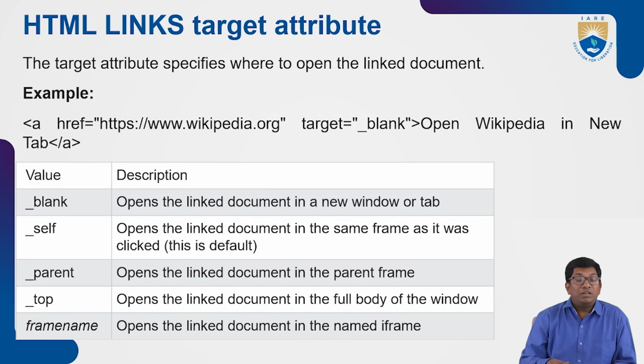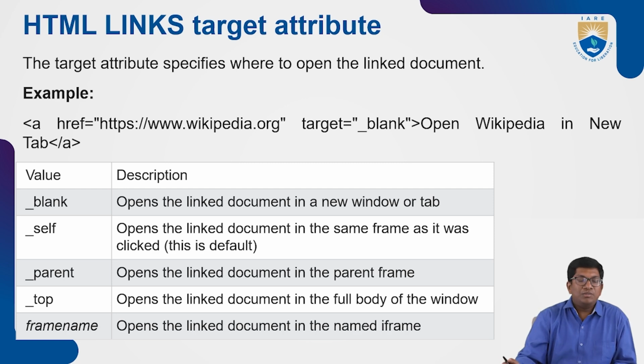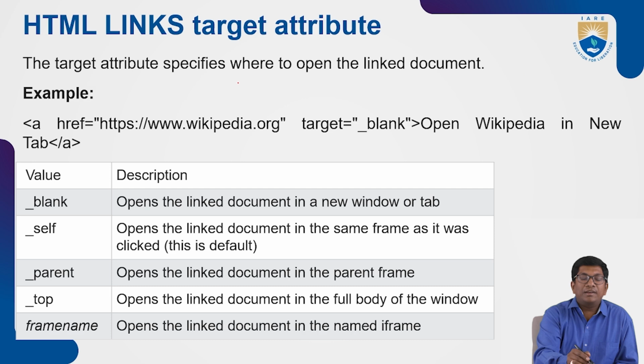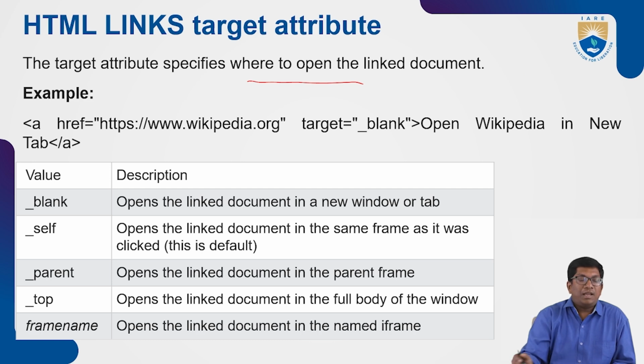One of the important attributes is the target attribute, where to open this linked page. So we have different values. We'll discuss in detail. The target attribute specifies where to open the linked document. This is written in the anchor tag after href. The attribute is target. Target equal to, for example, we wrote here underscore blank.